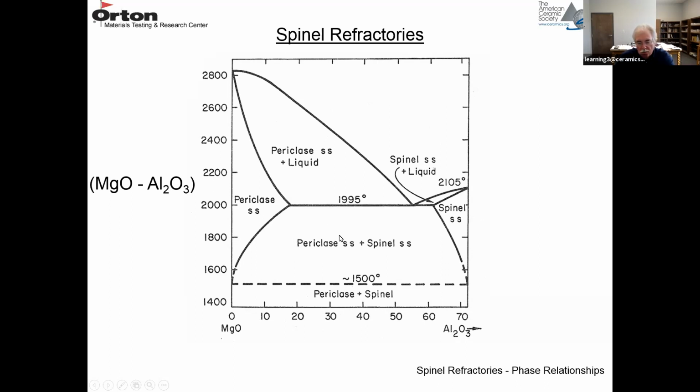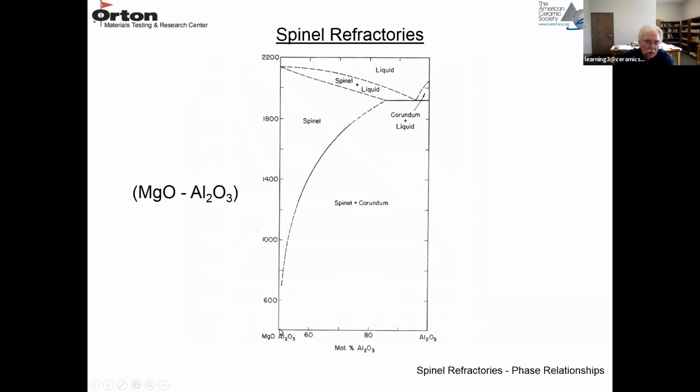So it's a very refractory material. And if we look at the other side of the phase diagram, from spinel to 100% alumina, again, it's temperature versus the composition. The first liquid phase forms up here at about 1900 degrees C.